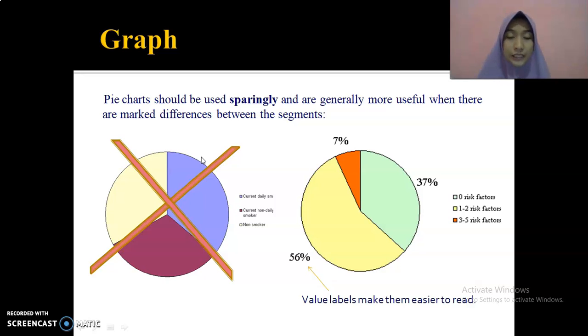And here, the second picture, it's true because the value labels can make them easier to read. So if you make a pie chart, you have to add percentages, so the reader can read your pie chart easily.